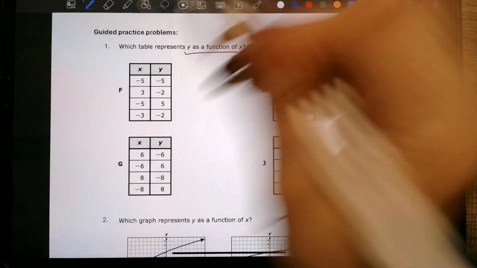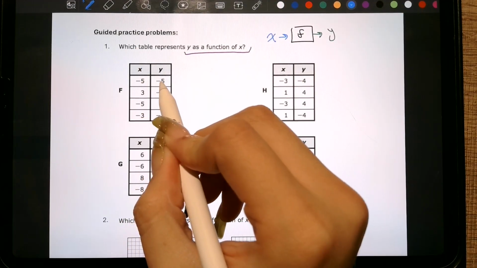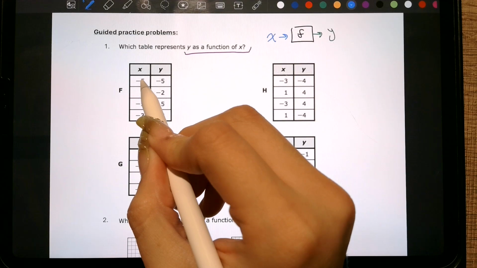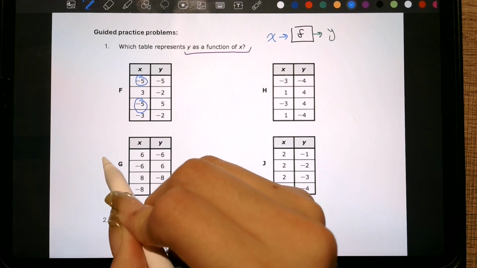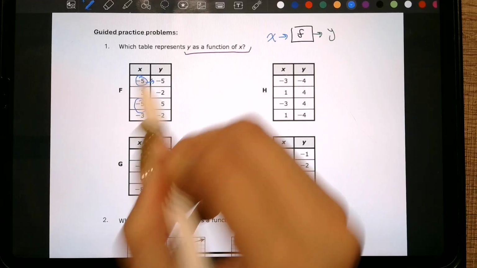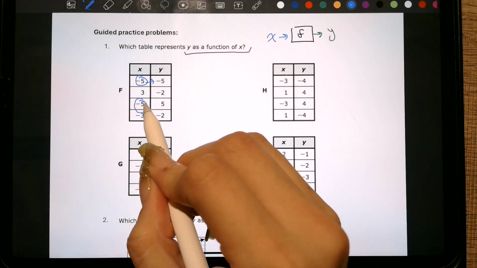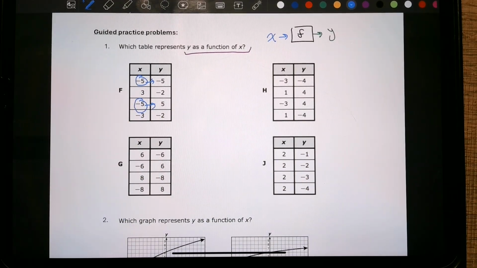So let's see. -5 has an output of -5. Do I see -5 repeat? Yes, I do. And here it has an output of -5, and here it has an output of just 5.